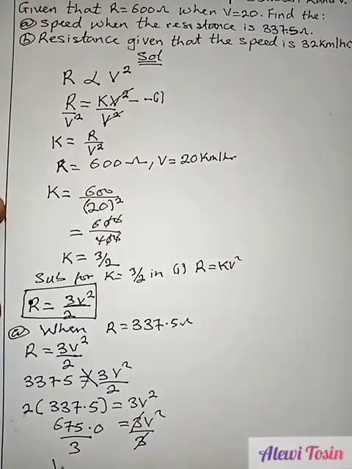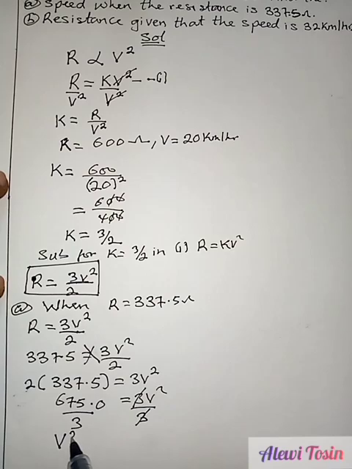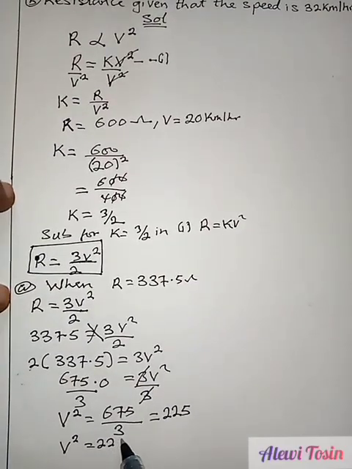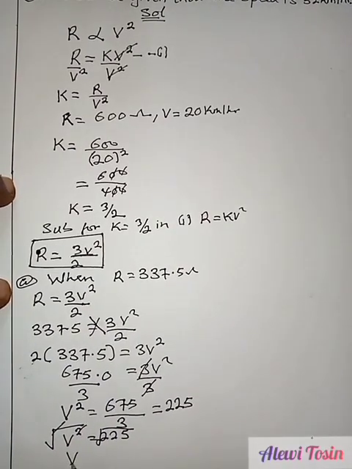So our V squared equals 675 divided by 3, and that is equal to 225. So V squared equals 225. We root both sides to find the square. Root cancels square. So our V equals the square root of 225, which is 15. So our V is 15 kilometer per hour.